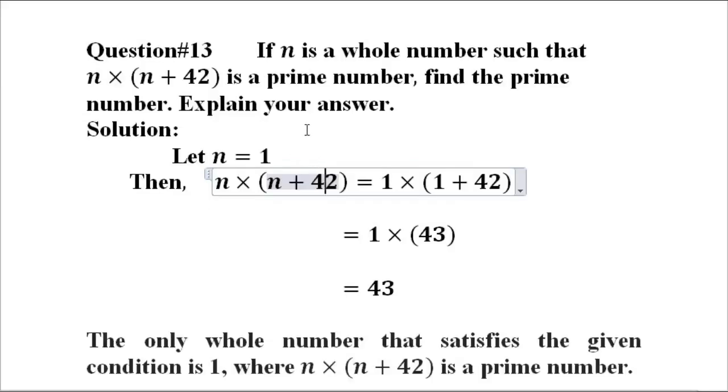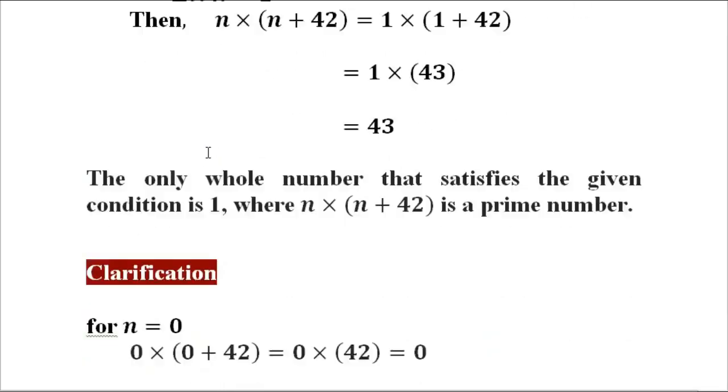Moving on to question 13: if n is a whole number such that n times n plus 42 is a prime number, find the prime number. Explain your answer. It is mentioned in the question that n is a whole number. What should be the value of n that satisfies the condition that n times n plus 42 is a prime number? We know that whole numbers start from 0.